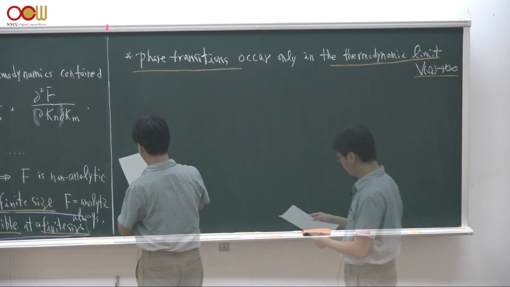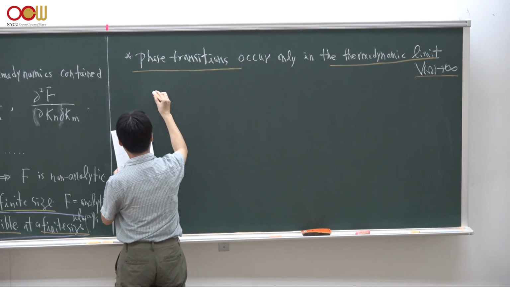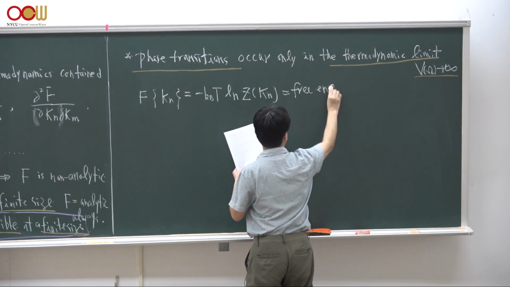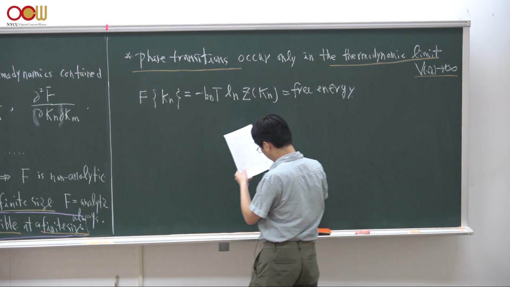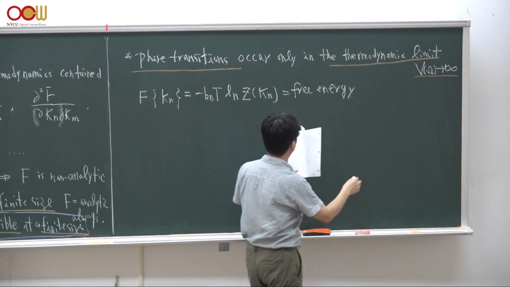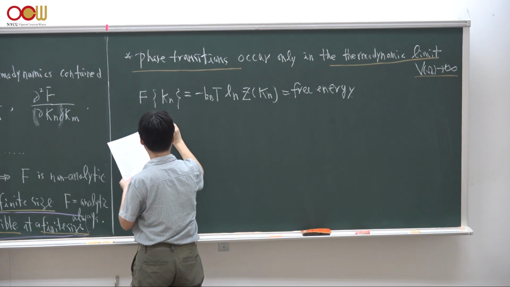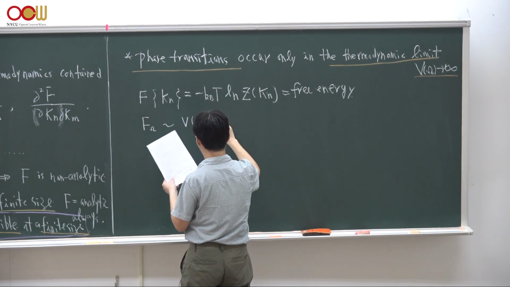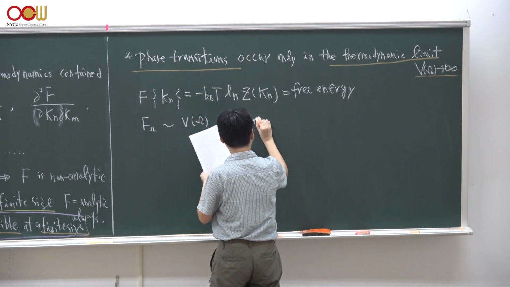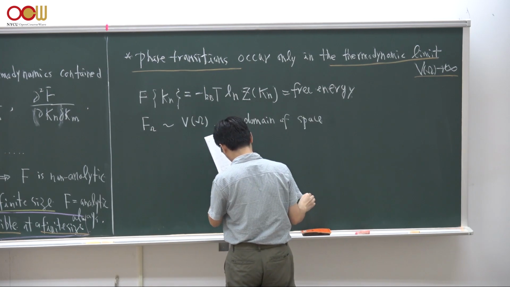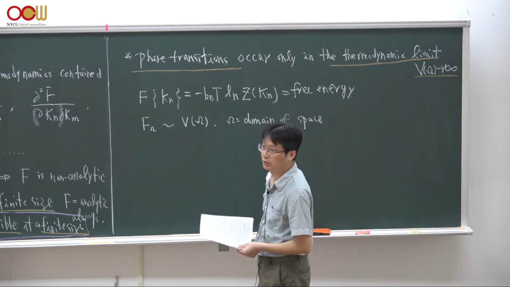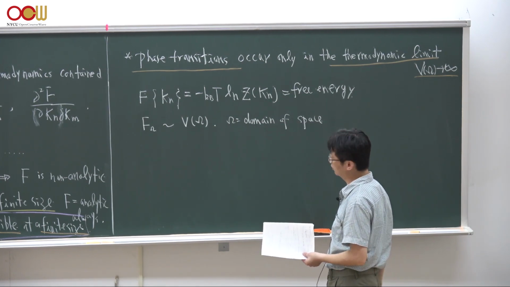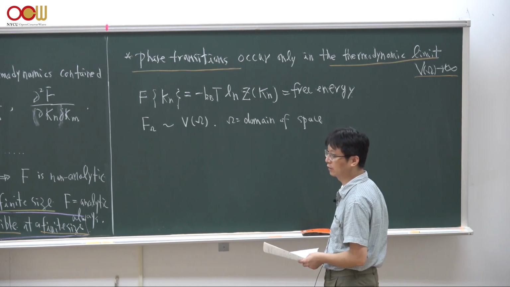Okay, so let's just put things in this order. As I mentioned, the free energy is a function of a coupling constant, and it is always analytic. This free energy at finite size is proportional to the volume of the system. Omega is the domain of the space that defines your Hamiltonian, and this free energy at any given finite size of a domain is proportional to the volume of your system, right?